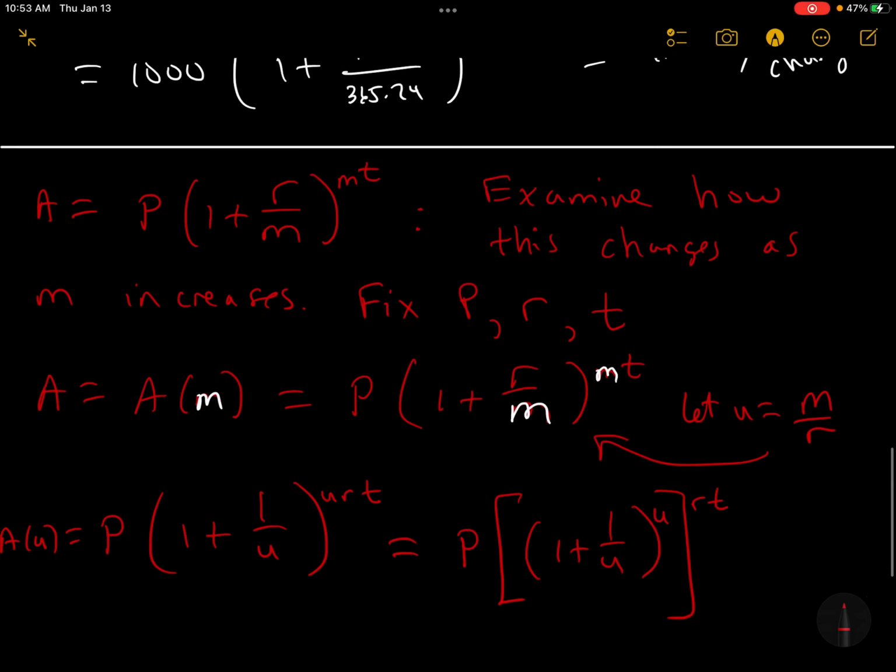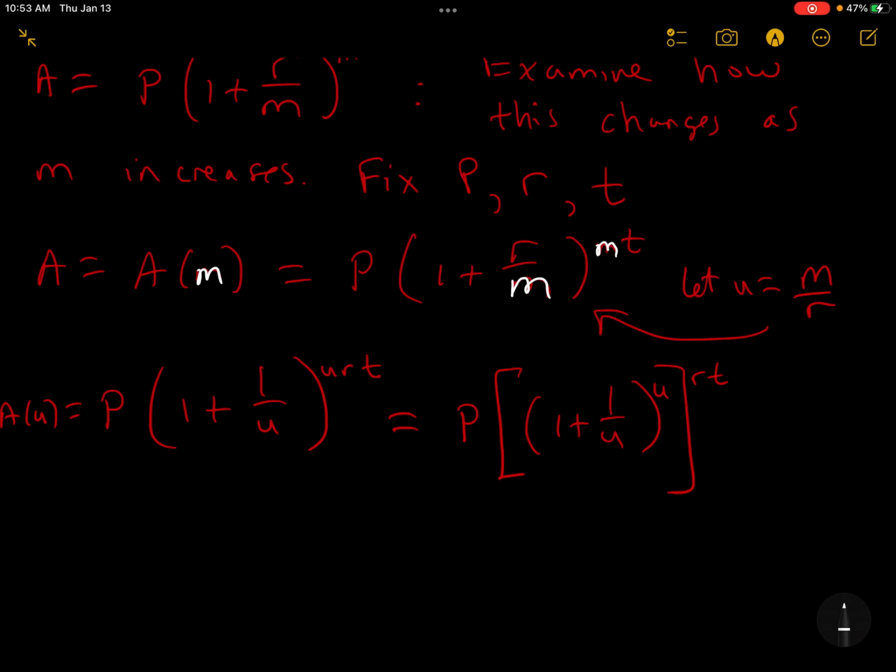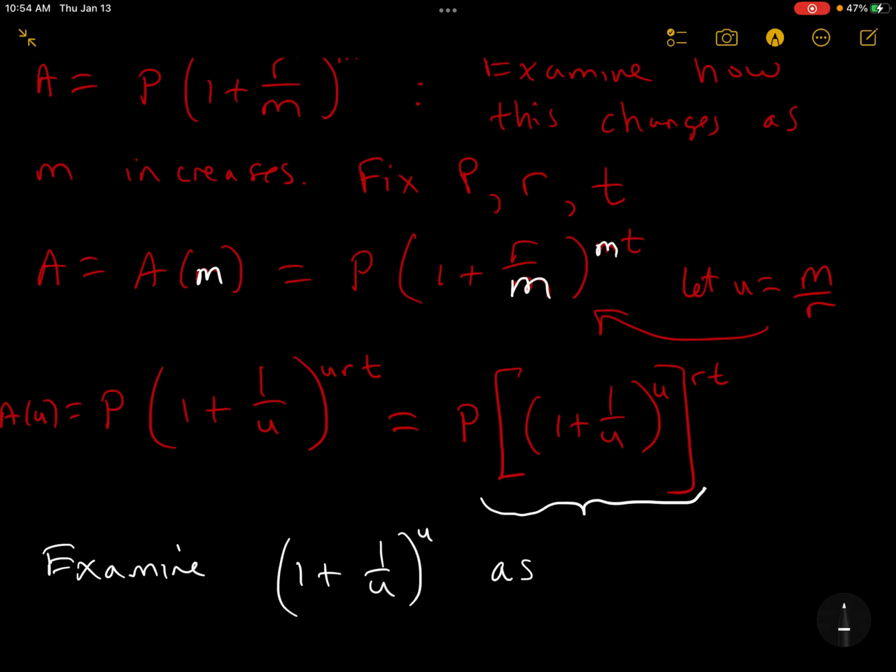Now, this is going to show up a lot in this course, this idea of this number here, 1 plus 1 over u to the u. So now let's examine this number 1 plus 1 over u raised to the u.